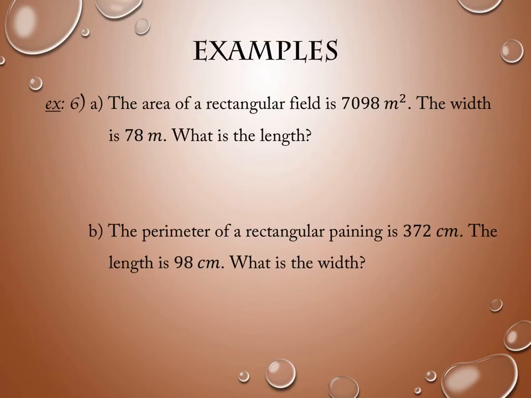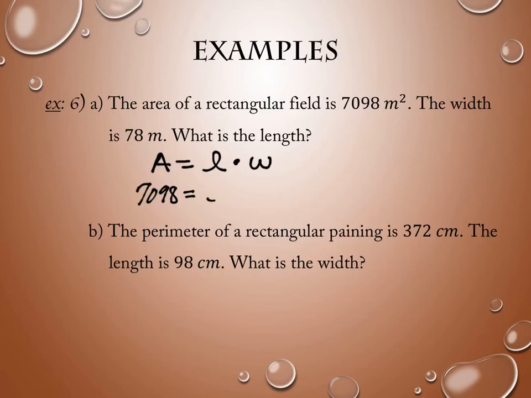Okay, so again, we can use the formula for the area of a rectangle. So the area of a rectangle was length times width, right? Okay, where am I going to put what numbers? Where will the 7098 go? For A. And where will the 78 go?